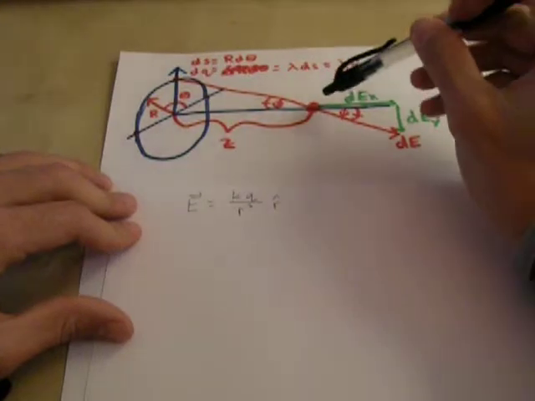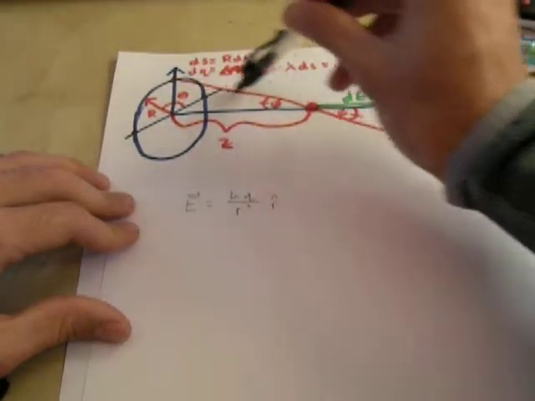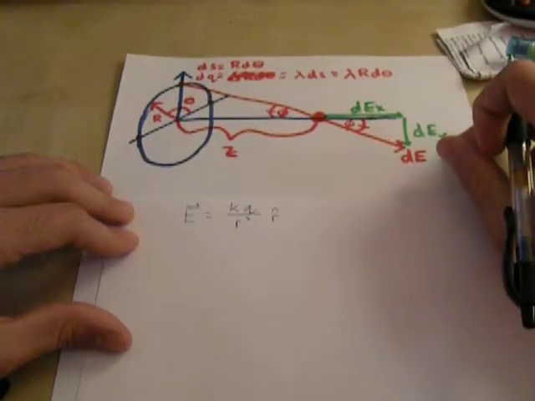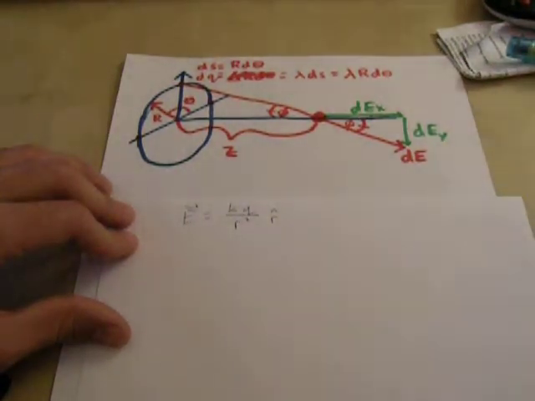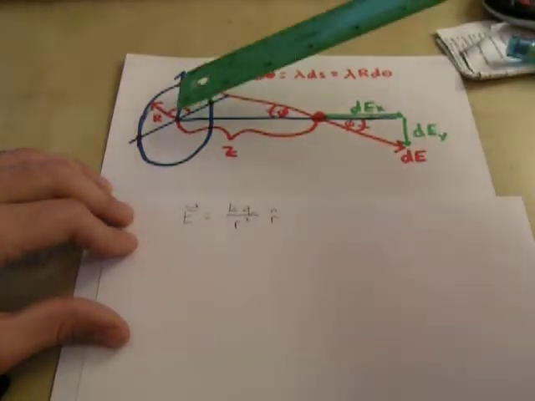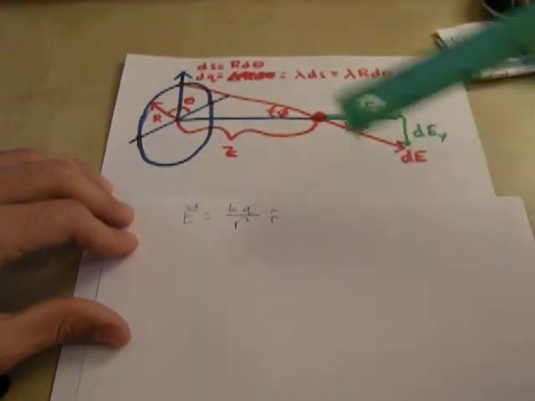There are x components and y components of the said line of charge. So if we imagined the y components of this, if there was a line of charge like this, there's a y component down.